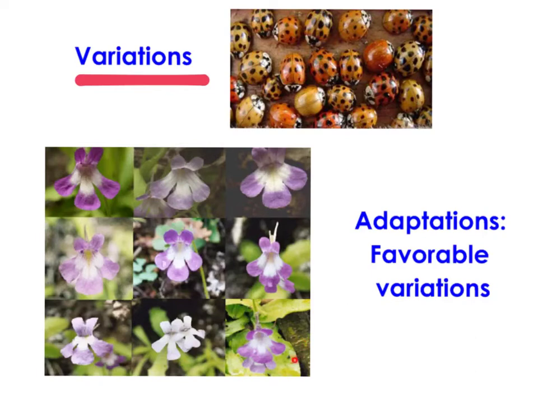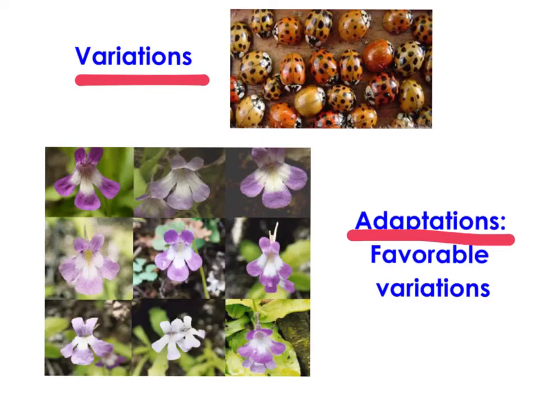Here's a picture of one organism, one species of plant, of flower, and here are a lot of variations of that one species. So within any given population, we have these natural variations. And when we're talking about natural selection, and we use the term adaptation, that means favorable variations.